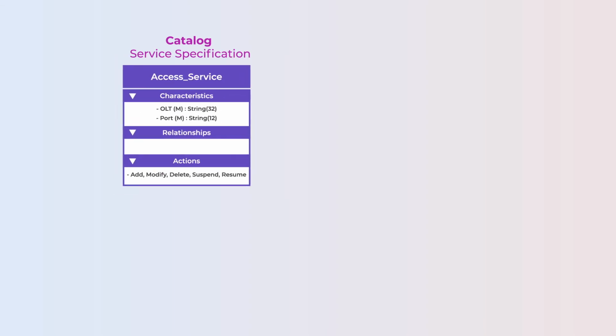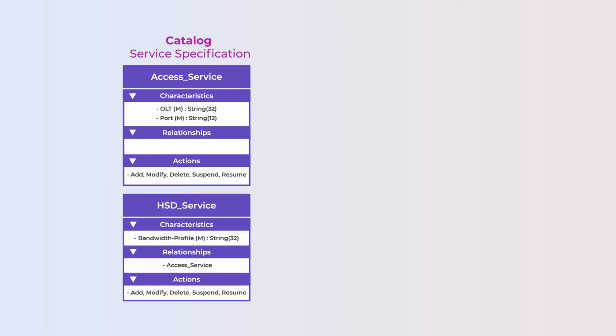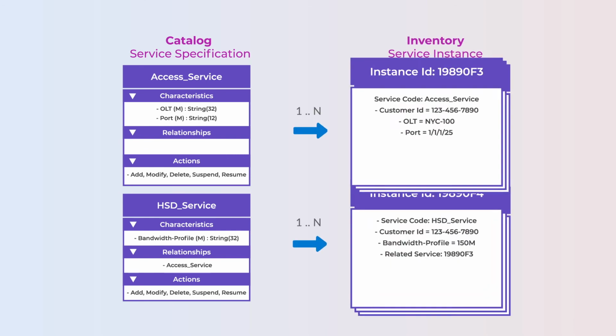In the previous example, as a result of the service activation process for the broadband internet access, two service instances are created and stored in the inventory, one for the access service, and another one for the HSD service. Here, we can see how the service instances, for this particular service, of this particular customer, are represented in the service inventory.